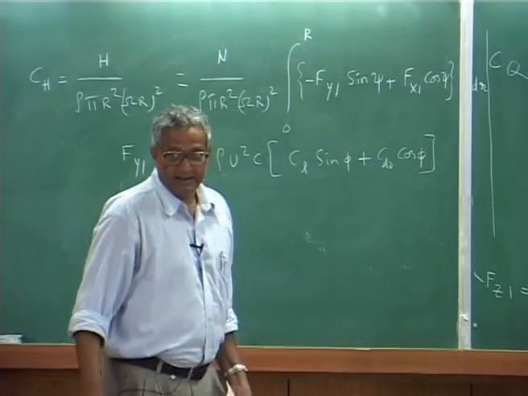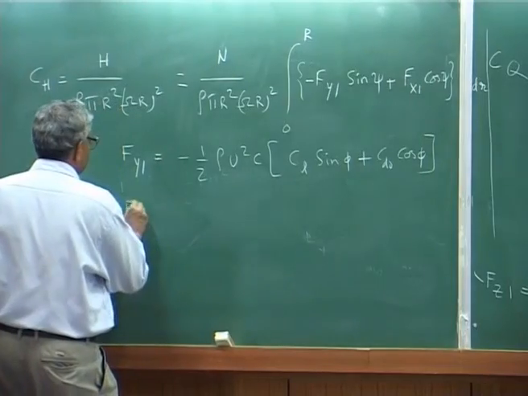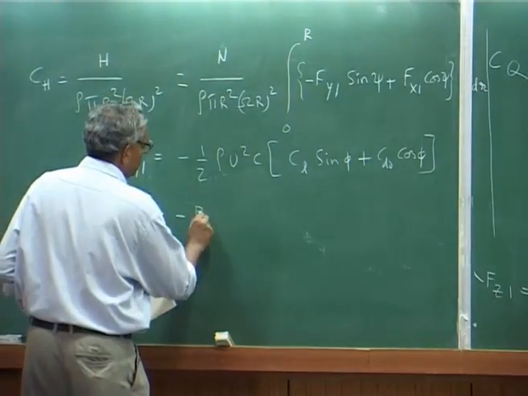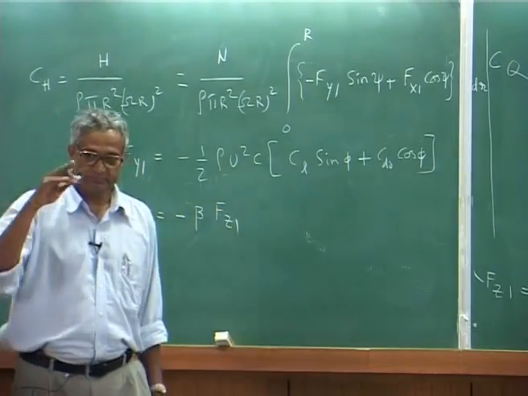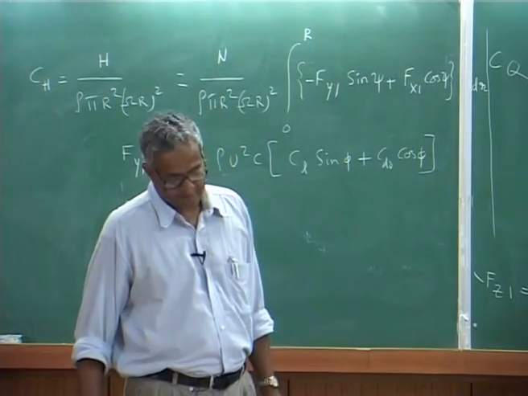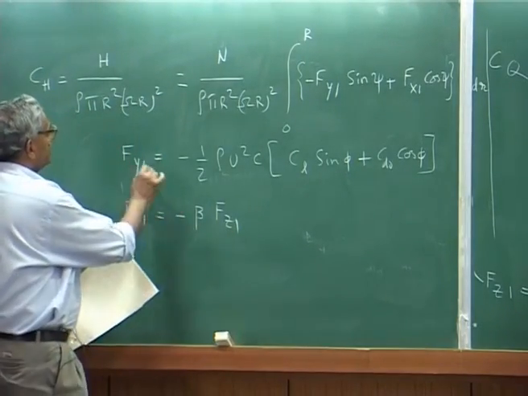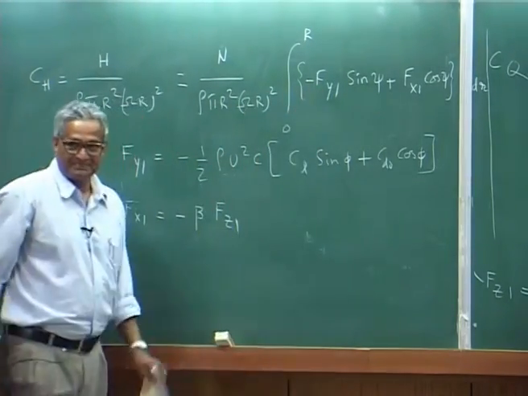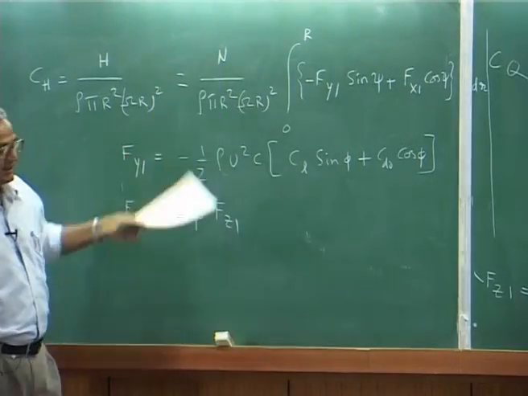Okay. And your F_x1, if you look at it, F_x1, that is minus beta F_z1 earlier. Okay. All right. What you do is you take these two expressions, put them here. Again you do the non-dimensionalization, that r bar dr bar will come.